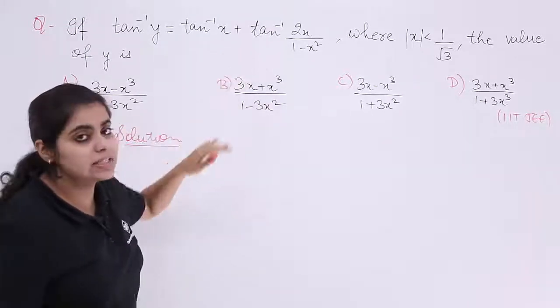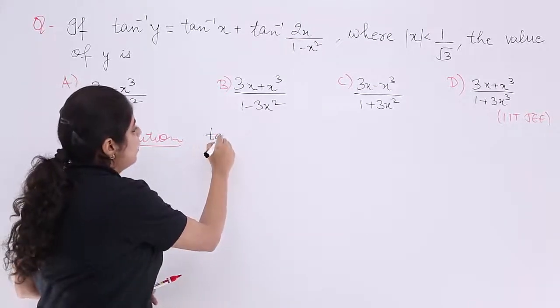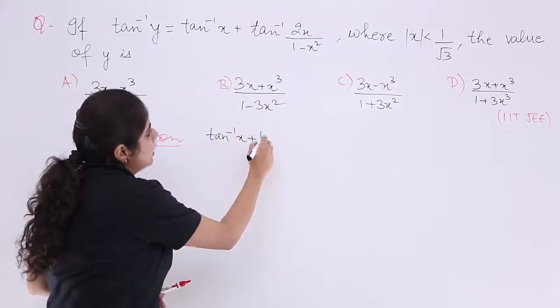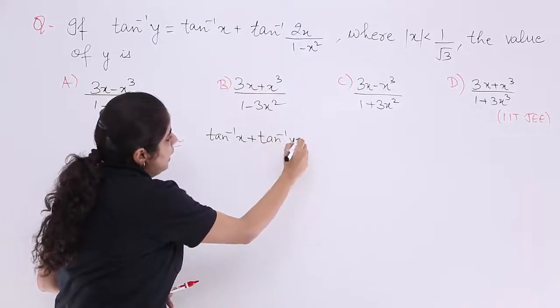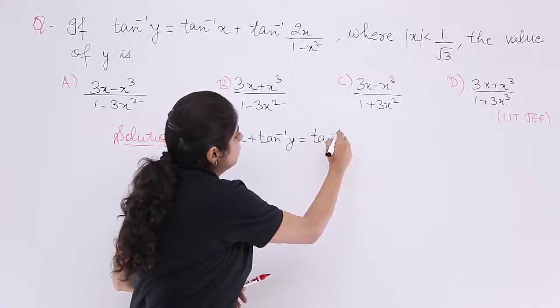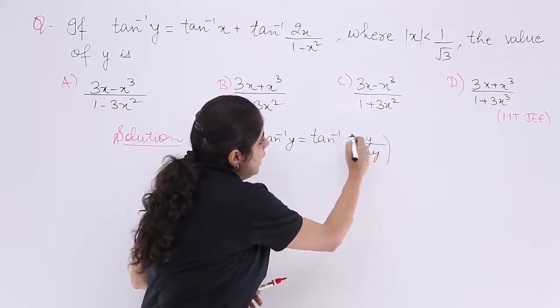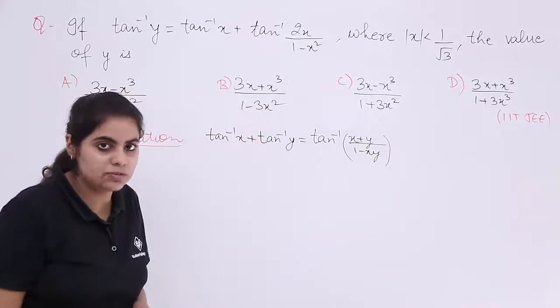Let's write the right hand side, but before that we'll write the formula. We'll be using the formula tan inverse x plus tan inverse y is equal to tan inverse x plus y upon 1 minus xy. We already know this formula.